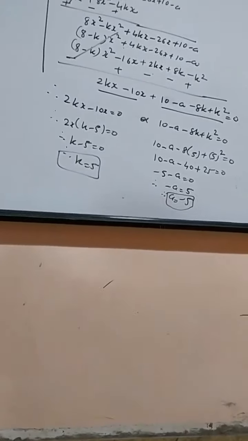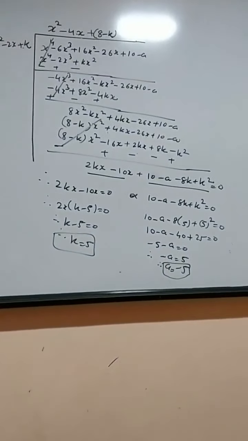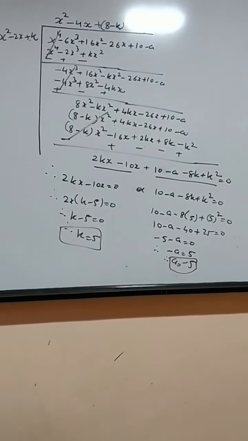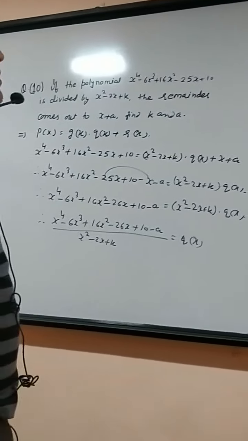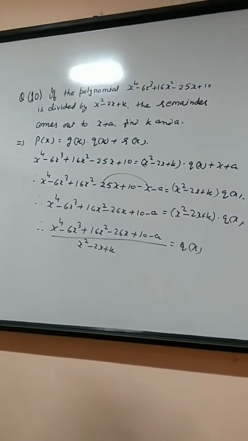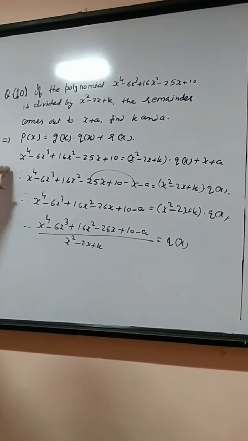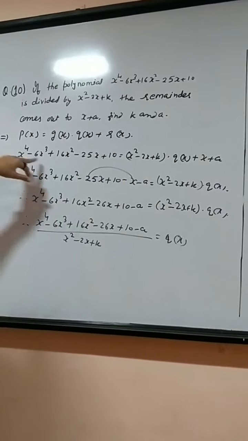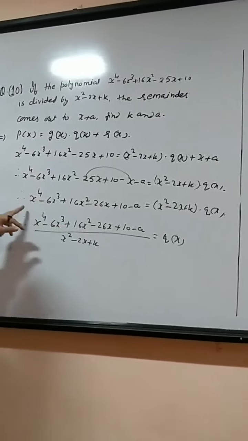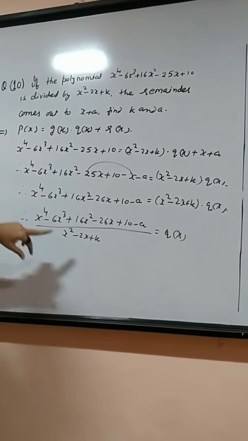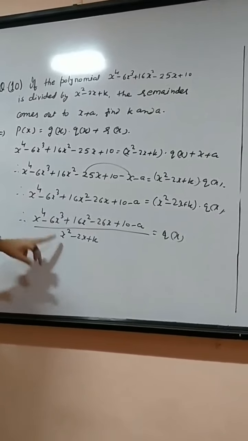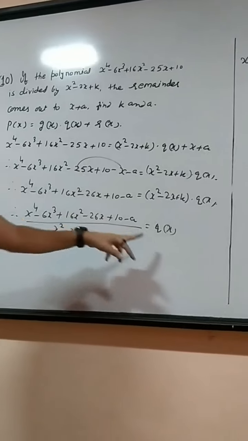So these are the most complicated sums and most important for your school. So first, what do you have to do? Find q(x). q(x) means p(x) upon g(x). Now p(x) is divided by g(x) and you will get q(x).